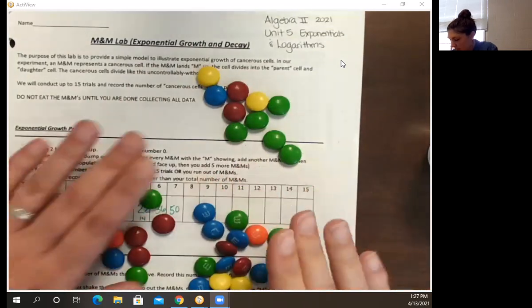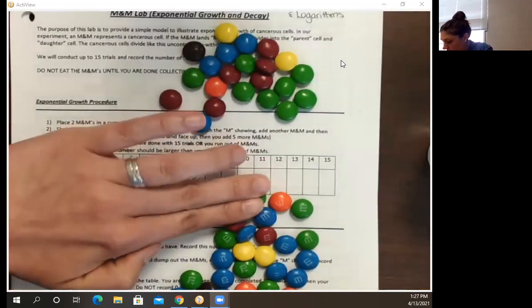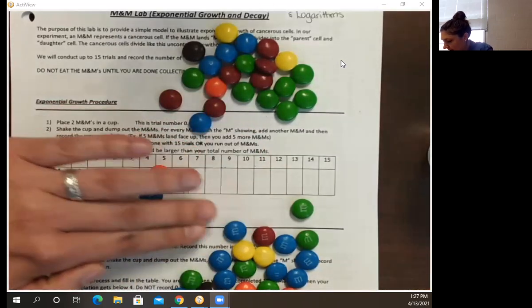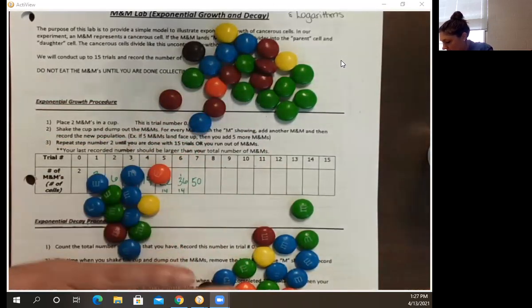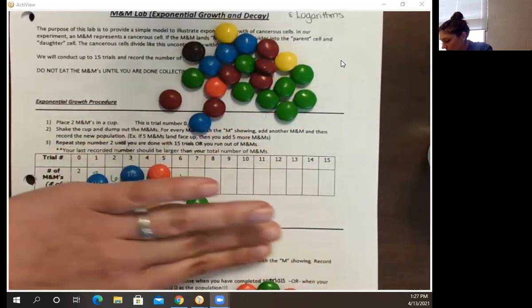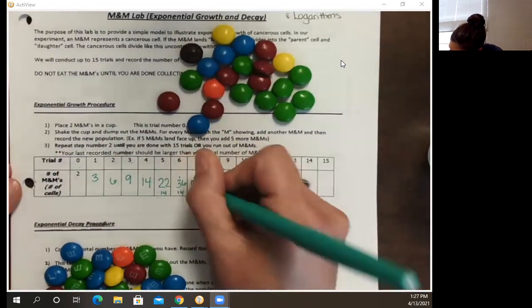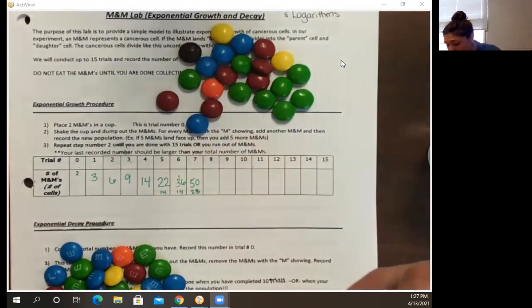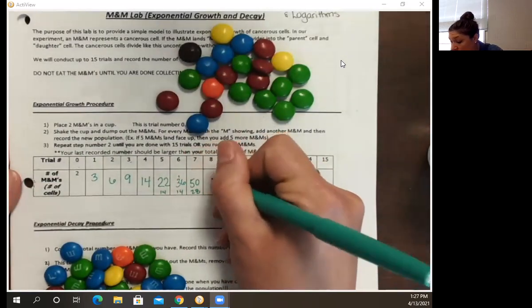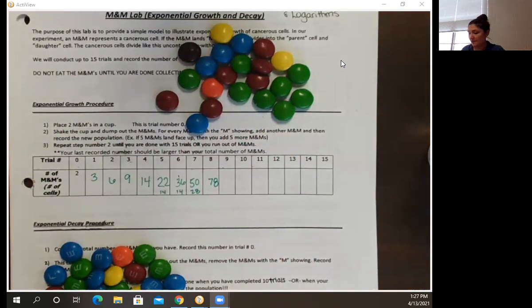Okay, so we're going to add 2, 4, 6, 8, 10, 12, 14, 16, 18, 20, 22, 24, 26, 28. We'll have to add 28 M&Ms to our cup. I don't have 28 more M&Ms, so we'll stop our experiment here. But we would load 78 into our cup if we had that many.